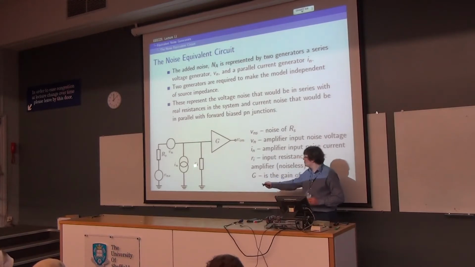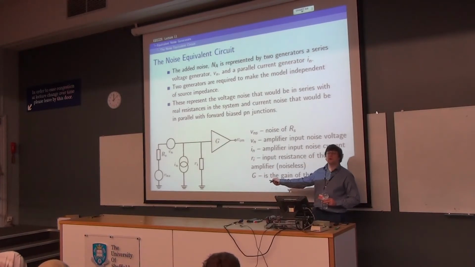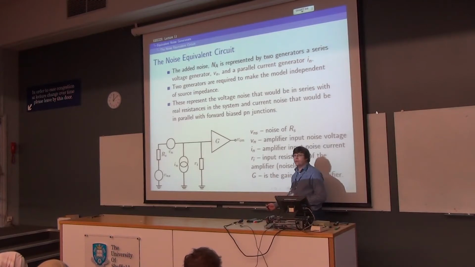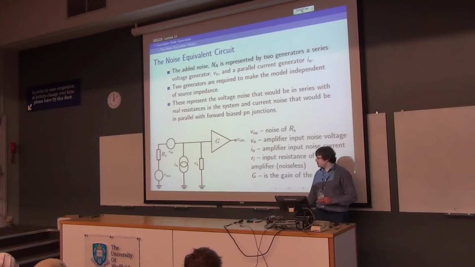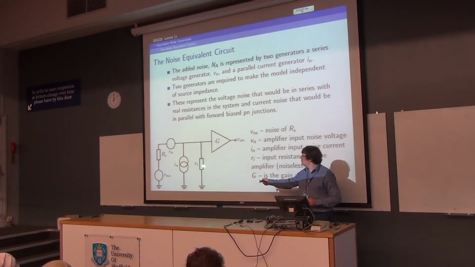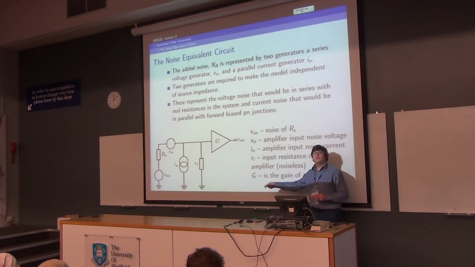And the amplifier has got an input resistance which I call Ri. And Ri might be infinite, or it might be a finite number. If Ri is much, much bigger than Rs, you can usually make the assumption that Ri is pretty much infinite, Rs is pretty much zero.